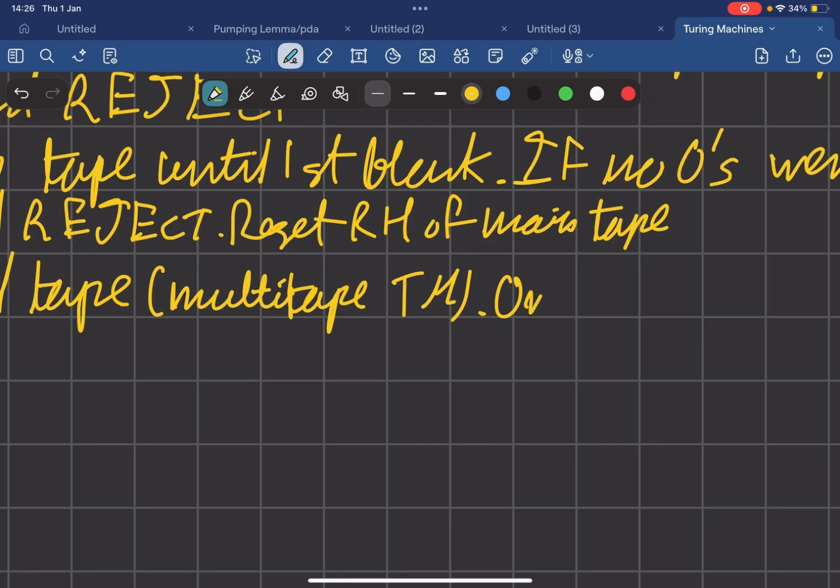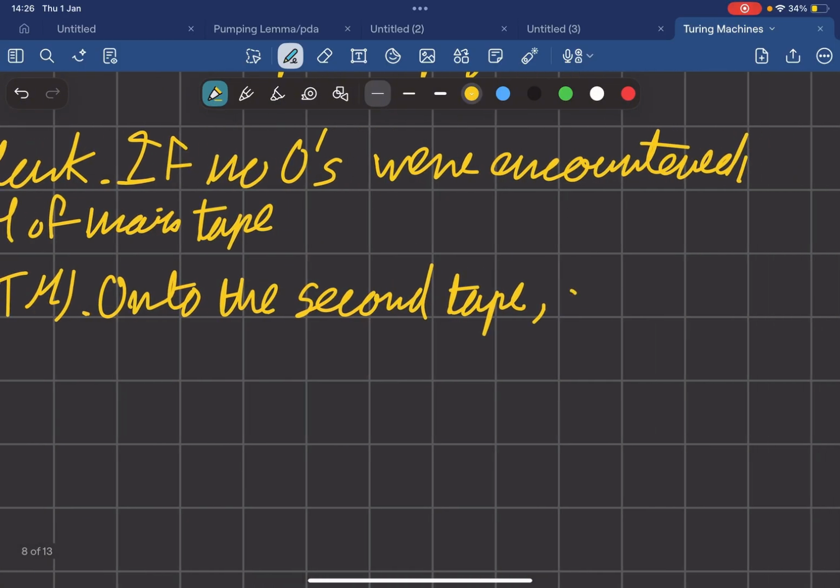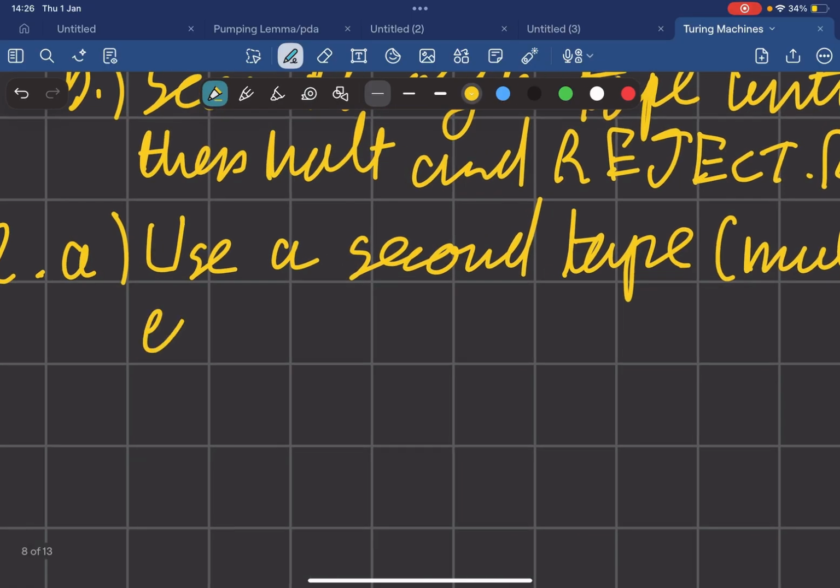And onto the second tape, copy over each zero that is on the main tape.